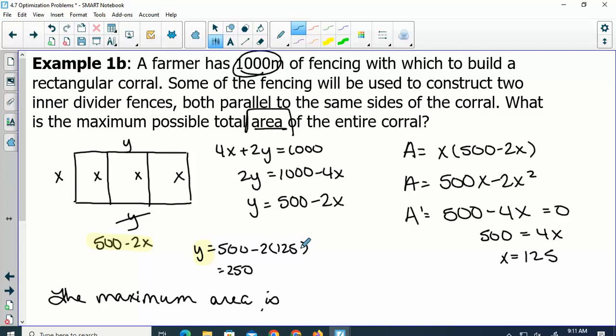So 125 times 250 is 31,250. Area will be square meters. So always make sure you are answering the question.